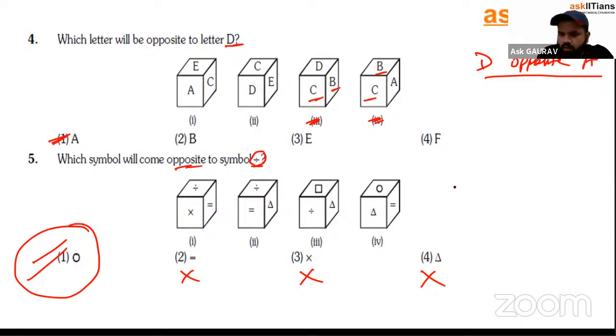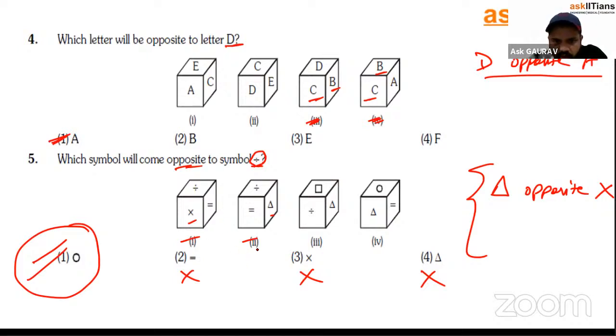Okay. Now see how to do it from the basic method. Divide and is equal to are there. So cross and triangle, the triangle will be opposite to cross, if you see the first position and second position. Now see the second position and third position, is equal to will be opposite to square.